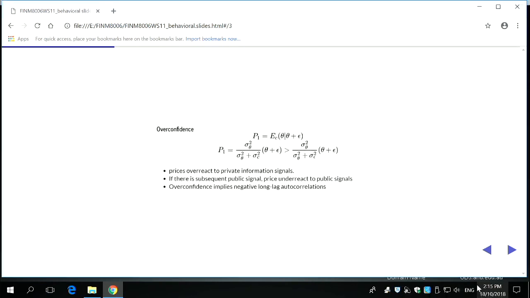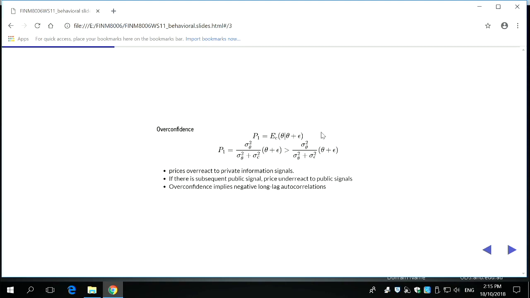So what's the implication? As we remember from two weeks ago, the price can be written as the conditional expectation given the signal. Here the signal is theta plus epsilon, and the true undervalued price is theta, so you're trying to infer theta given the combined signal of theta and epsilon.